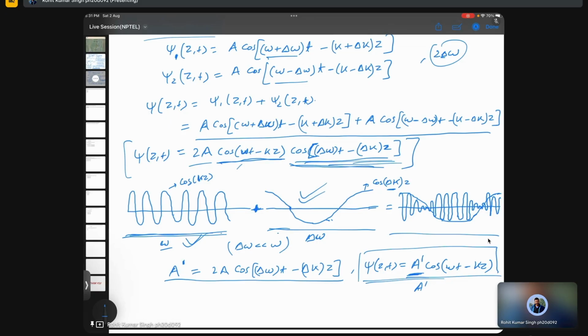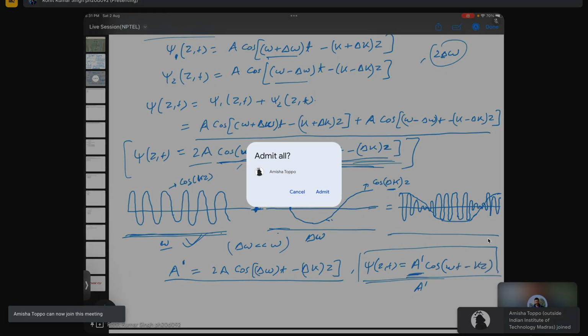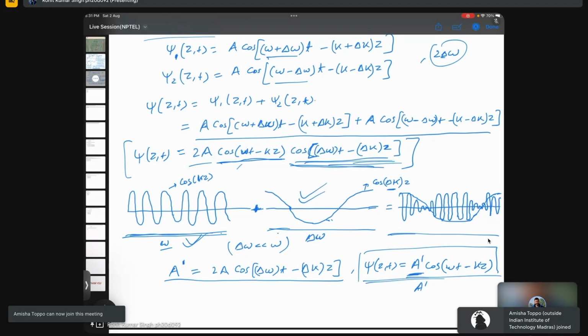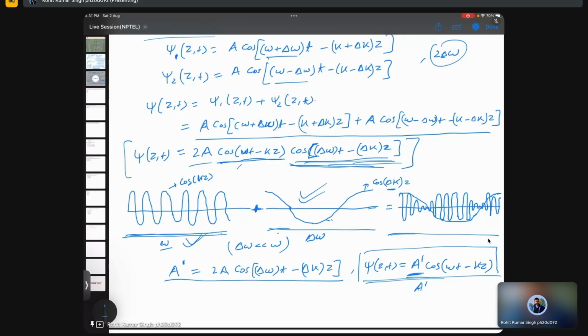And that's where the concept of group velocity comes in, because now it no longer has a single velocity. It has a group velocity. The velocity of this wave, which is called the phase velocity, is nothing but omega by k.